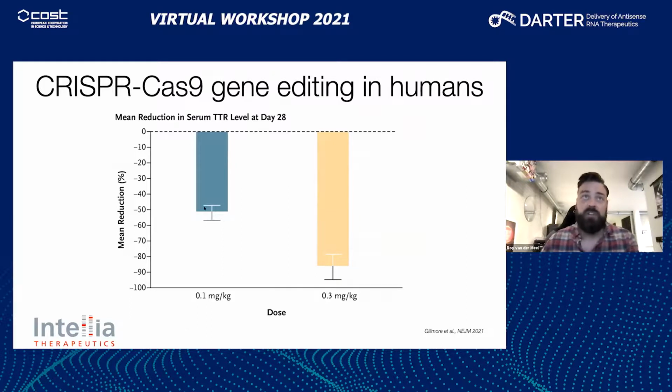You see a clear reduction of the serum TTR levels at day 28 following the dosing with the LNP treatment.